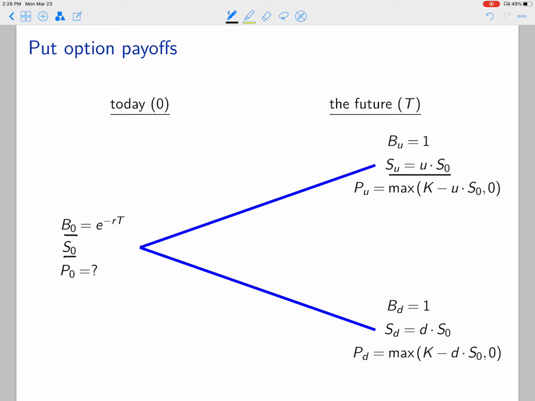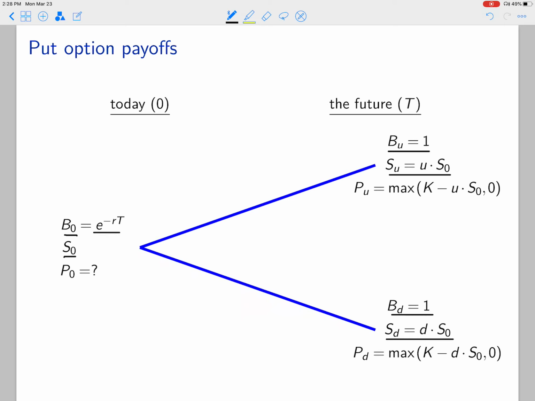In the downstate, the stock's payoff was S sub D. This was given by the gross rate of return in the downstate, D, times the stock price today. The bond's payoff, BU and BD, was 1 in every state, and this was because it was risk-free. And the price of the bond today is just the discount factor, e to the negative RT.